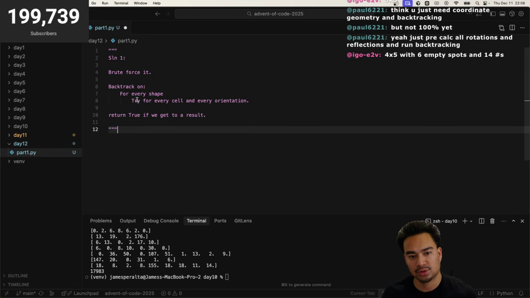Or do you need to do it on every cell? If you could reduce the amount on every cell. Less.